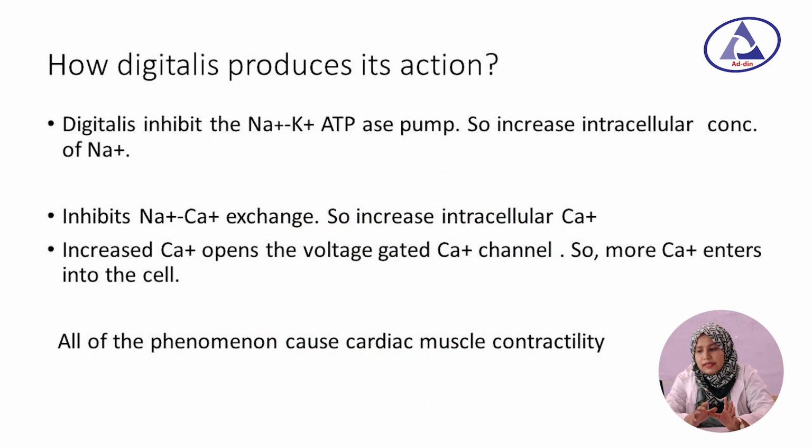So I can summarize that digitalis inhibits the sodium potassium ATPase pump, so increases the intracellular concentration of sodium, and increased intracellular sodium causes inhibition of the sodium calcium exchange, so increased intracellular calcium. Increased calcium opens the voltage gated calcium channel, so more calcium enters into the cell. As a result, all this phenomenon causes cardiac muscle contractility.